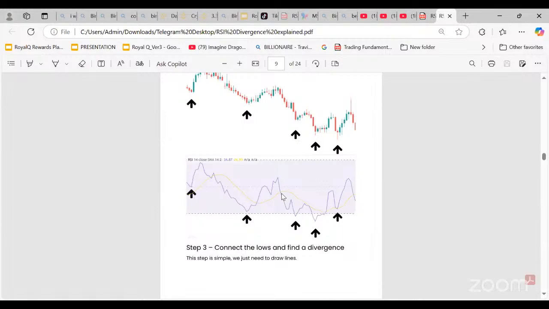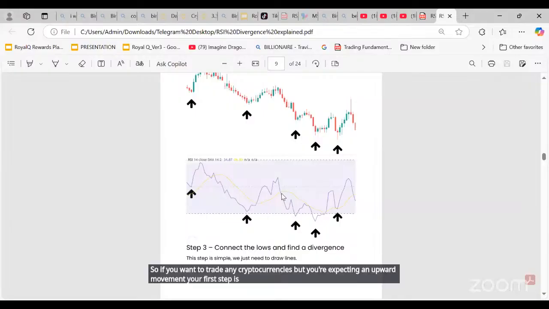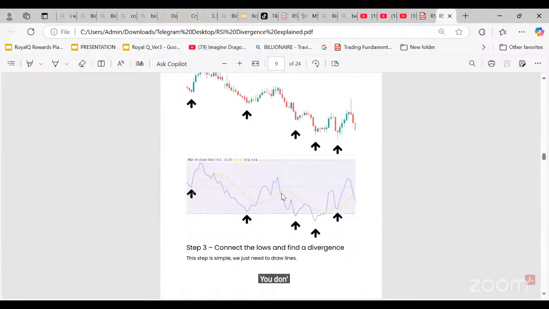Your first step is to make sure that you find a coin that is on a downward movement. You don't need a coin that has over-dipped, but you just need a cryptocurrency that is making a downward movement to be able to win this trade.